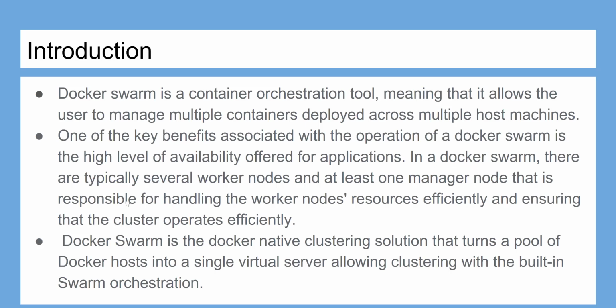In a Docker Swarm, there are typically several worker nodes and at least one manager node that is responsible for handling the worker nodes' resources efficiently and ensuring that the cluster operates efficiently. Docker Swarm is the Docker native clustering solution that turns a pool of Docker hosts into a single virtual server, allowing clustering with the built-in swarm orchestration.